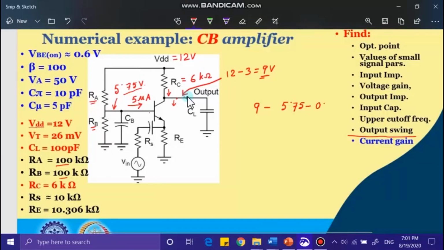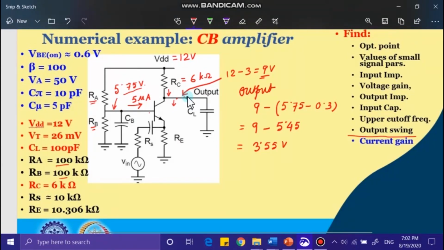So that gives us 9 minus 5.45, which is equal to 3.55 volt. So this is the possible output signal swing on the negative side, till the transistor enters the saturation region.